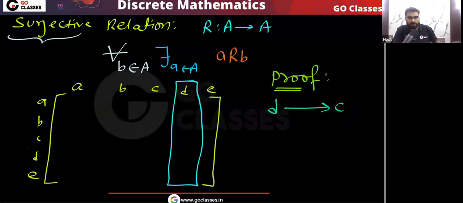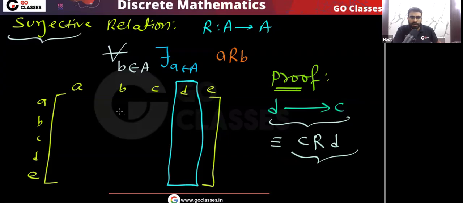Let's assume there is C. But actually, this means that A is related to B, which simply means C is related to D. Yes or no? So there will be a tick mark here. Is this clear?